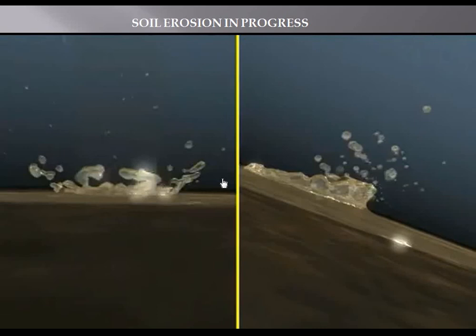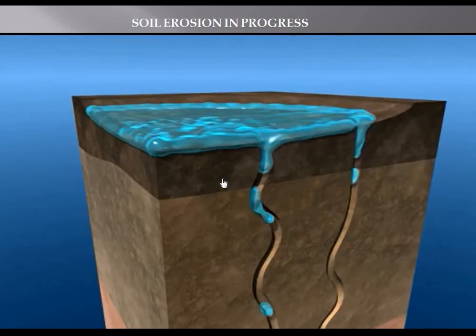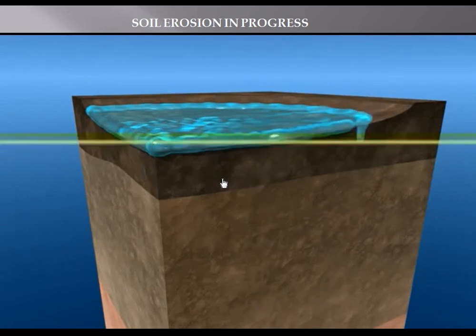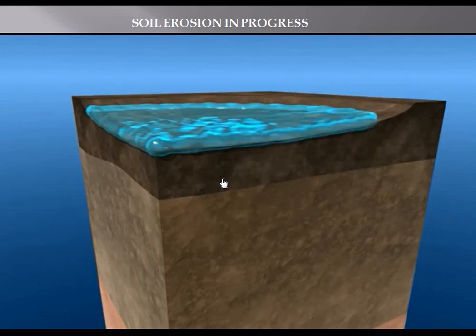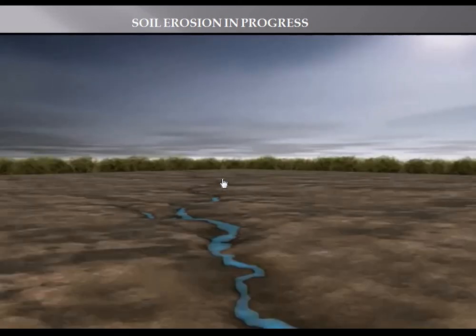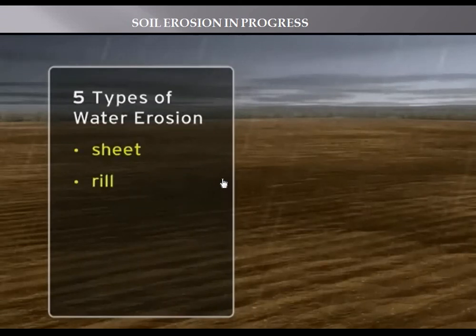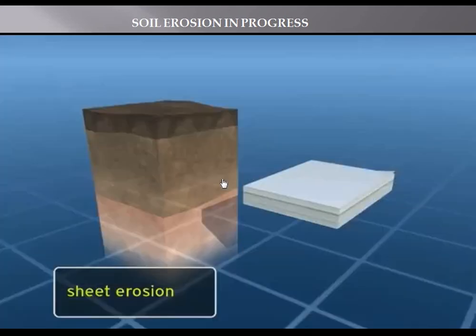It dismantles the soil found on the ground. And this is so common during rain. As you can see in this video right now, the small channels where water is moving are the ones that we saw previously that lead to rill erosion.